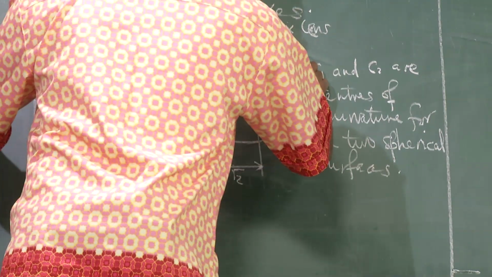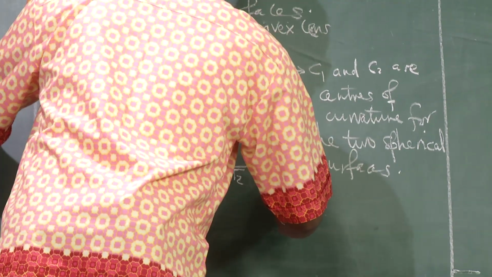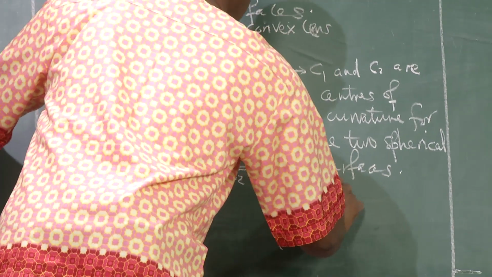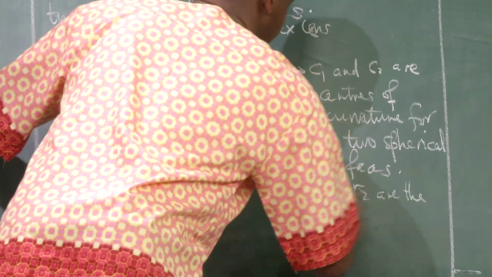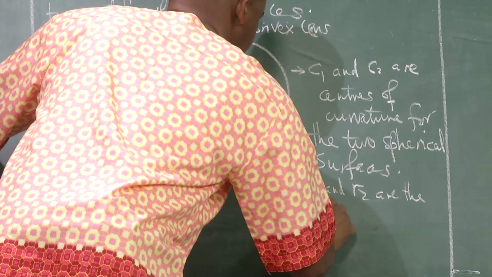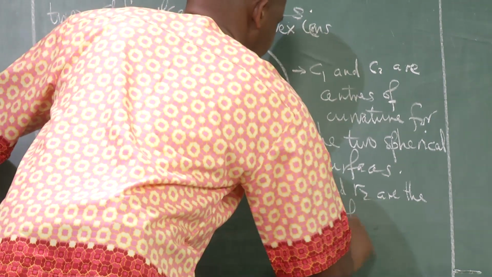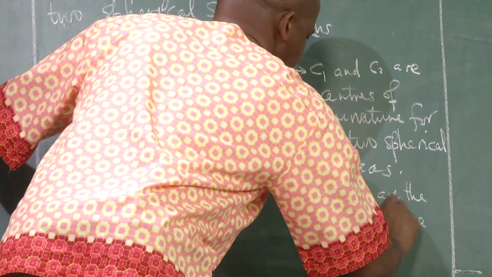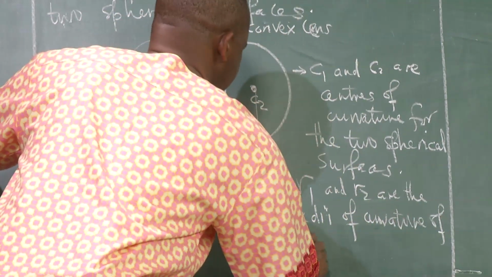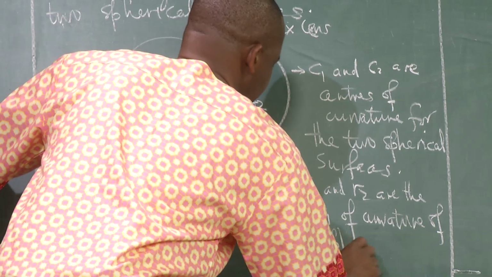And also R1 and R2 are the radii. Radii is plural for radius of curvature, the radii of curvature of the spheres.